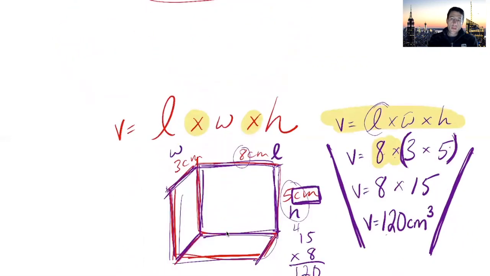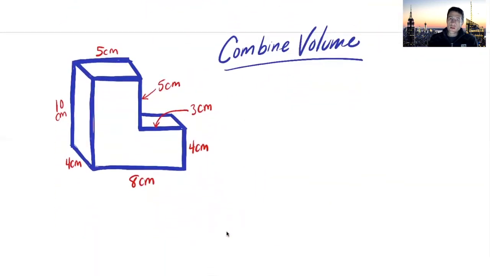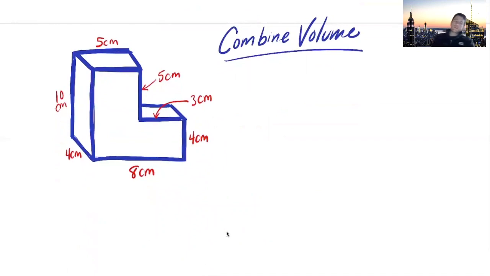But what happens when you get something that looks like this? All right, this is where it gets a little tricky. So the idea here is to create at least two areas.